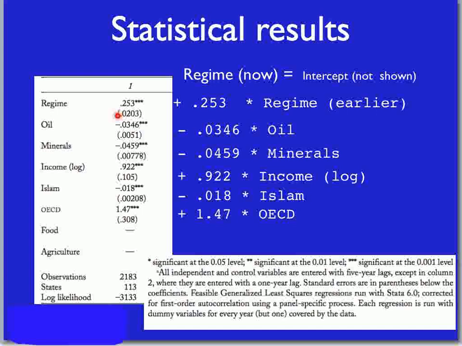So if you just look at the sign of the coefficient, that's usually one of the first things people look at. The sign seems to make sense. Regime earlier has a positive effect on regime now. So if you were a democracy before, you're more likely to be a democracy now.